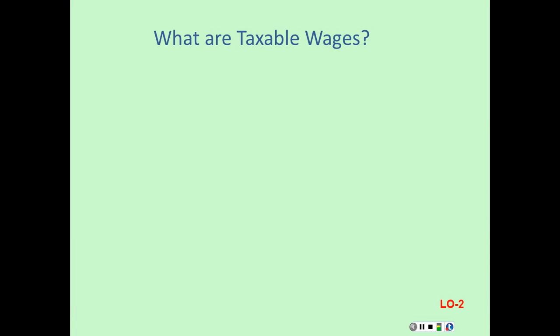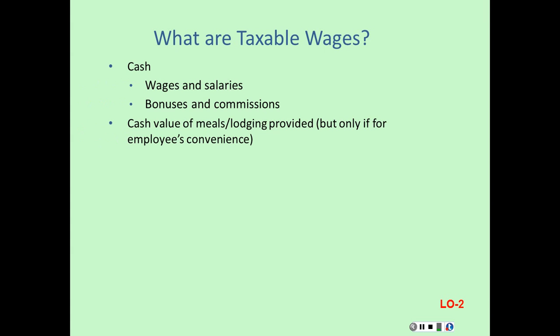Okay, let's get on and say, under Social Security, what wages are we supposed to tax for Social Security? Here we go. Cash, wages and salaries, bonuses, those are FICA taxable wages, and commissions, the value of meals and lodging, but if those are provided only for the employee's convenience.